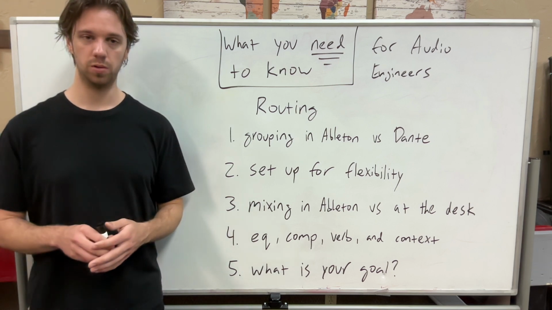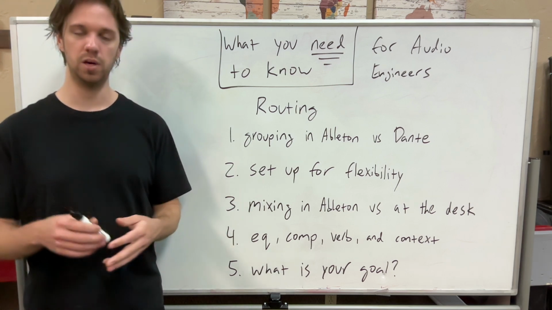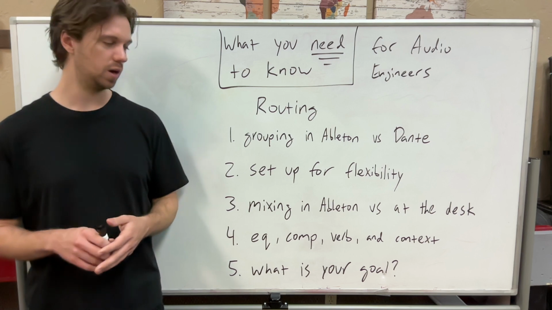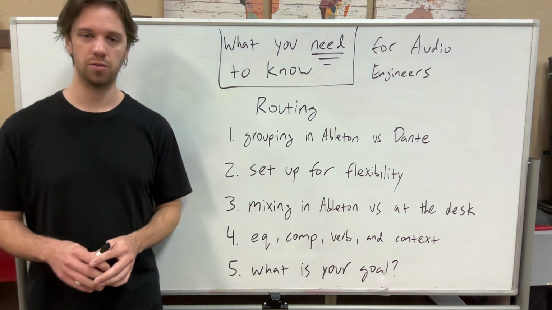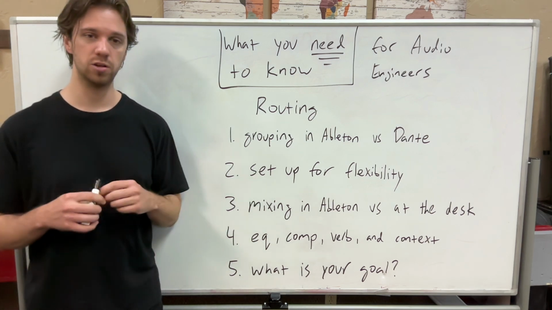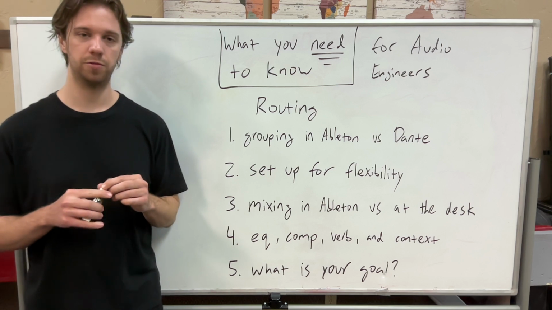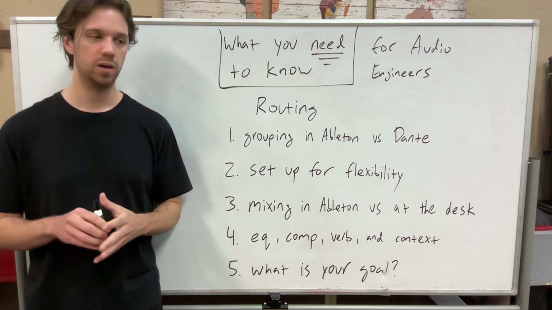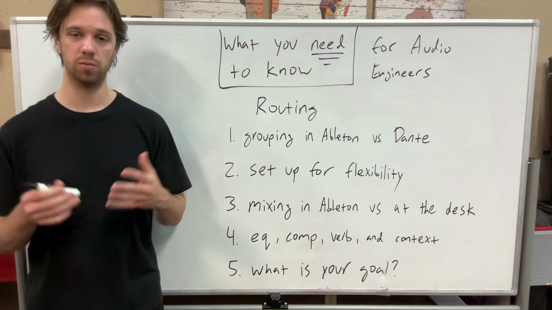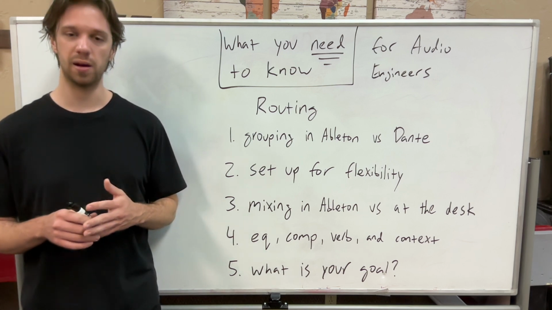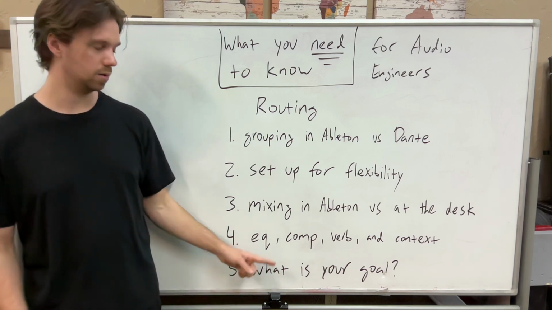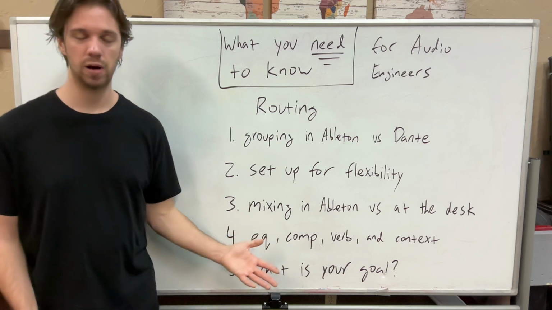Think about the roles of the instruments, and we'll talk about instrument roles in another video. Think about the roles of the instruments and think, is there something that I can do with these tracks to help fill those roles out a little bit better to make a better sounding result in the band? That could be your goal for the tracks.